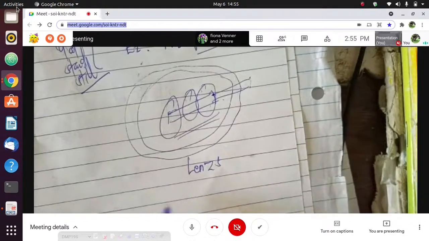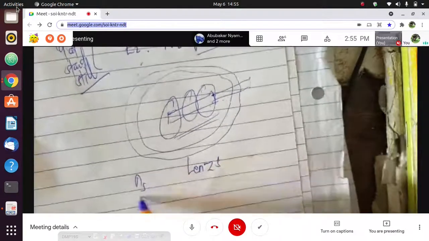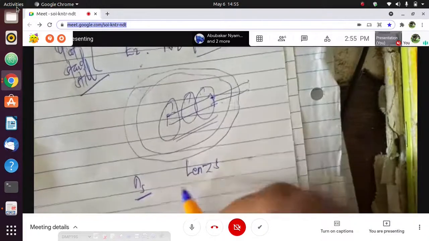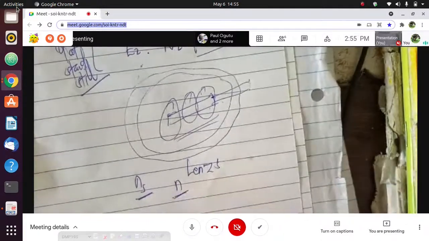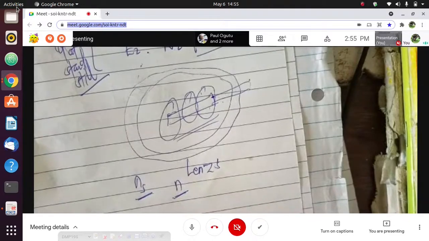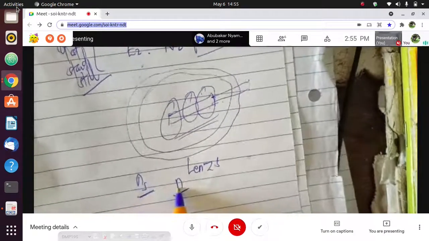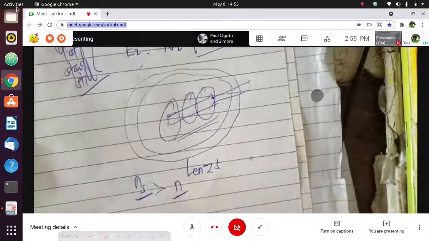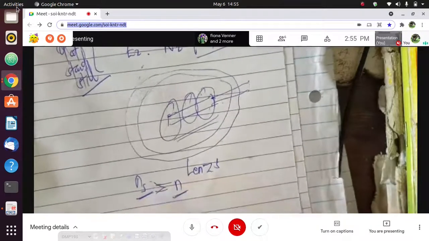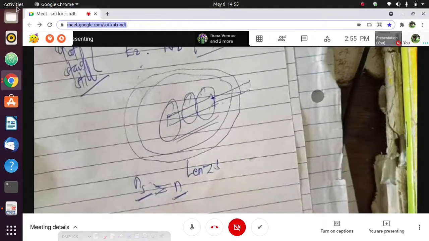But remember that the rotating magnetic field in the stator is rotating at synchronous speed Ns, and the rotor shaft is rotating at rotor speed, which is denoted by N. Remember, Ns is greater than N. There has to be that relative speed so that induction can happen. If these speeds are equal, then there won't be any induction. What happens then? The induced voltage in the rotor circuit drops to zero. When it drops to zero, the rotor will decelerate.